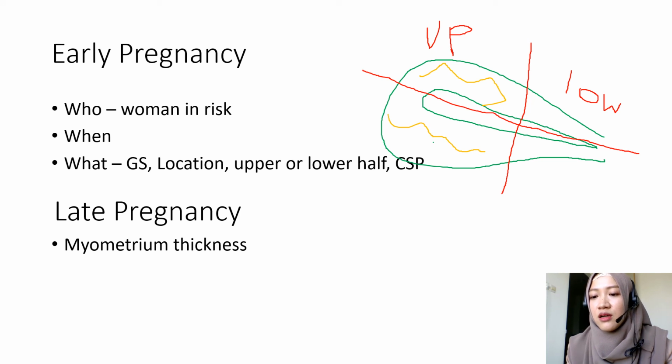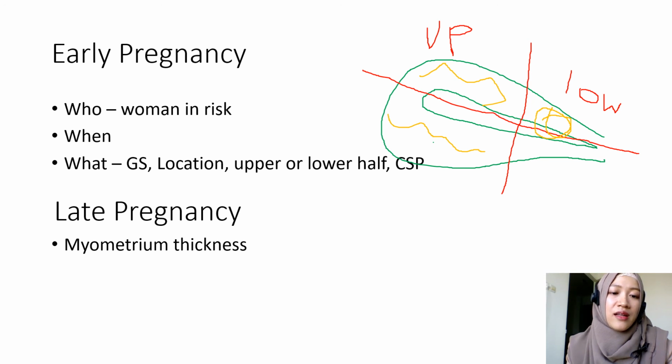But if you see the gestational sac is in the lower quadrant, moreover if it is in the anterior wall of the uterus, where we know the incision of cesarean section is usually done, this will lead you to have a niche, and the gestational sac is implanted here, and this will be the CSP, and later on it will develop into the placenta accreta spectrum disorder.